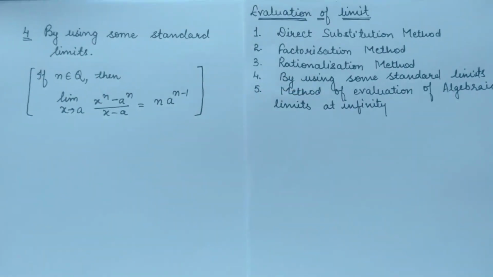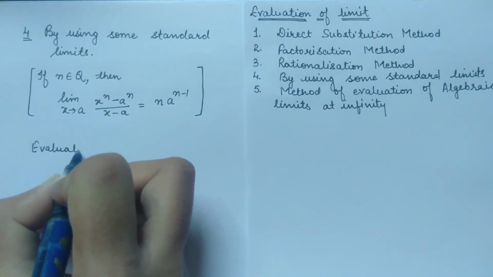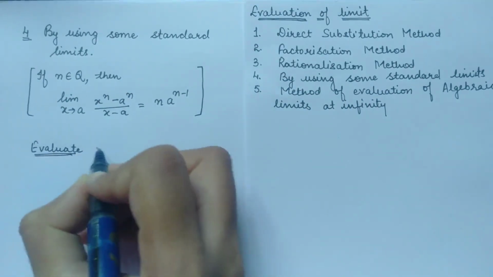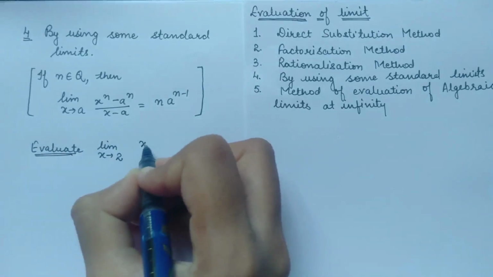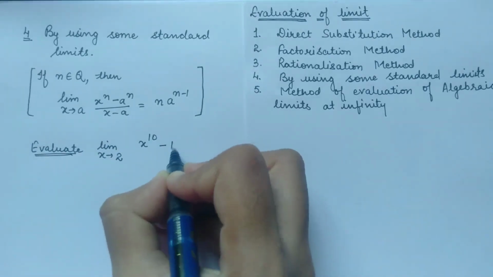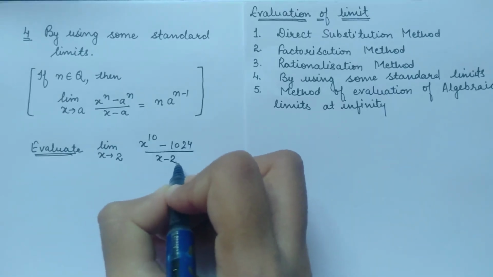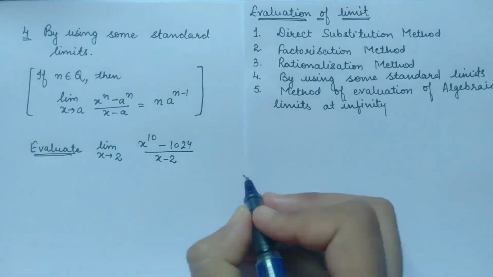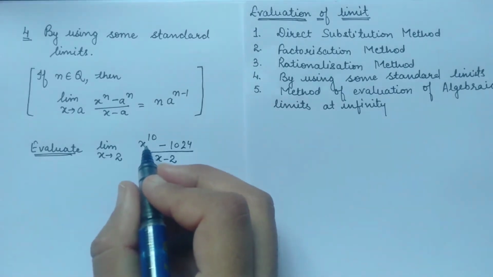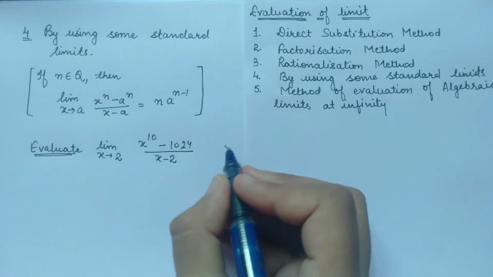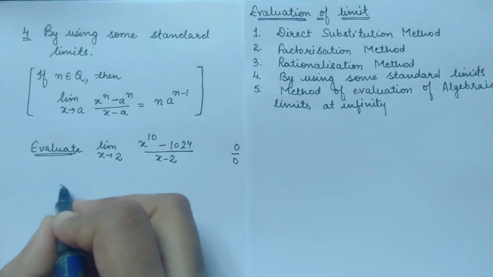By using this standard limit, we can solve questions like, if you are given limit x tends to 2, (x power 10 minus 1024) divided by (x minus 2). When we apply this limit, it will become 0 by 0 form, because 2 power 10 will become 1024, and in the denominator 2 minus 2 will also become 0.